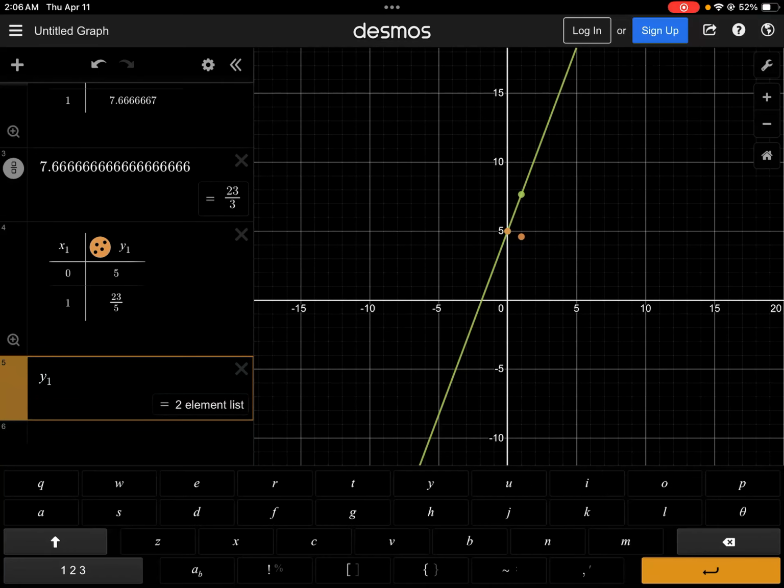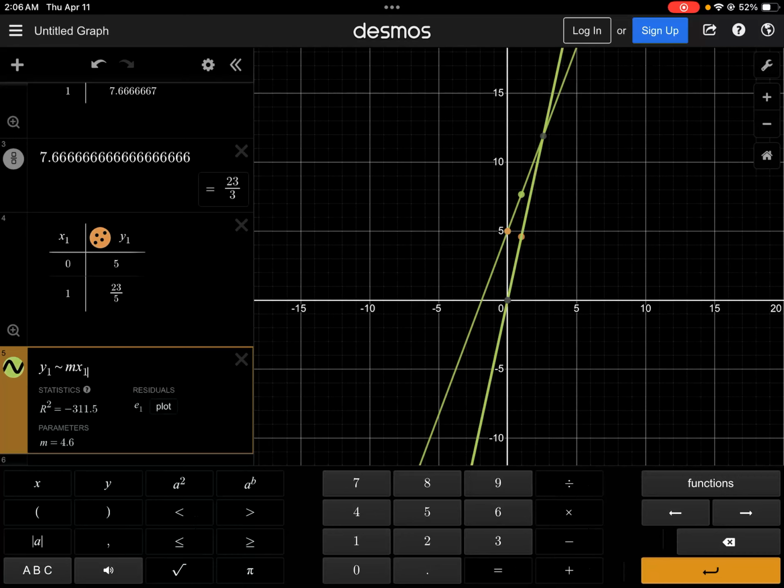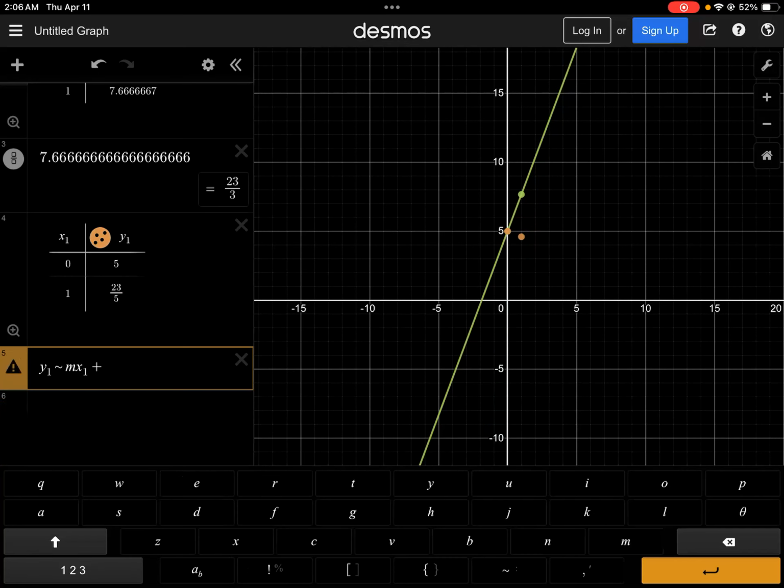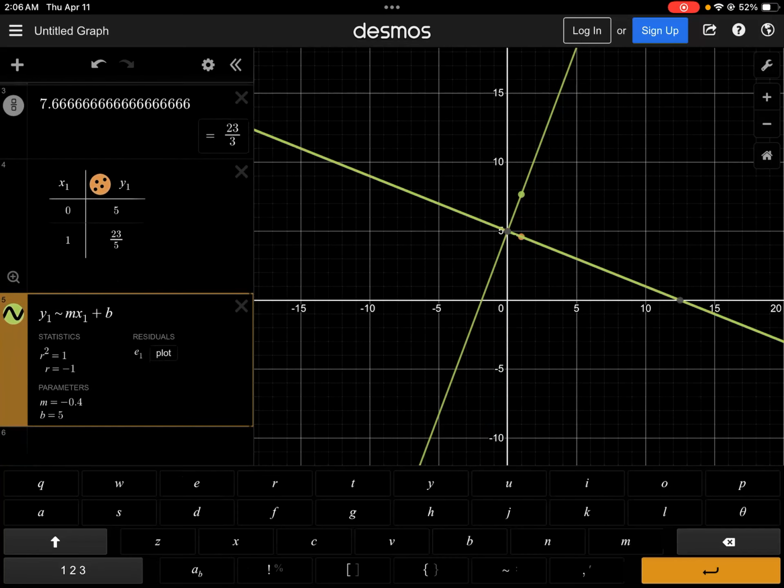So I just write it as, instead of y equals mx plus b, y1 squiggly mx1 plus b, so it reads the y1 from the chart and the x1, and that's gonna give me the slope and the slope intercept.